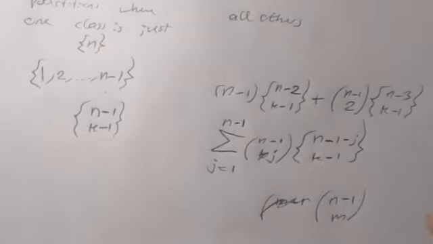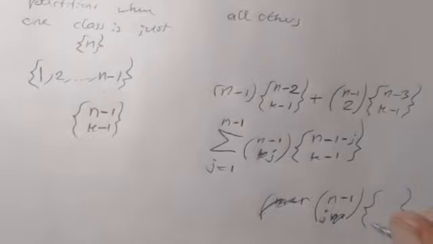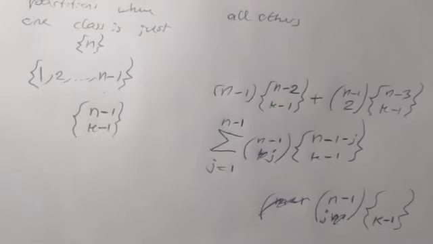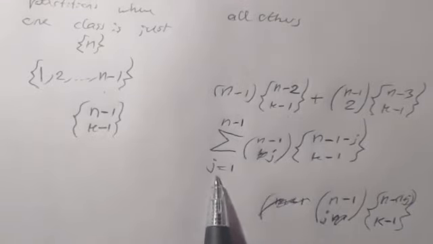So this would correspond to j being n. So I'll just say j instead. If n is with j things, there are n minus 1 choose j ways to get those other things, and then you're going to want another k minus 1 partitions. And how many do you have left? n minus 1 minus j. So each term in this sum here corresponds to n being in a class with another j things.